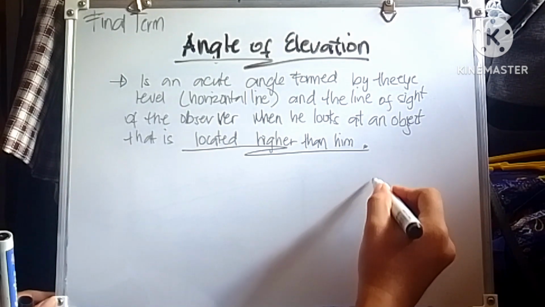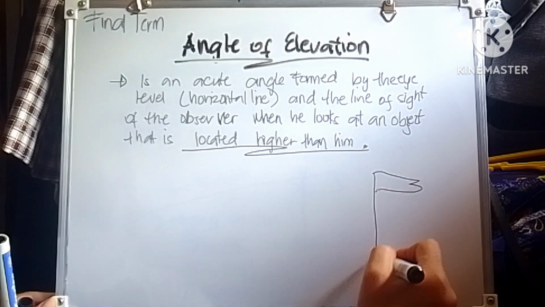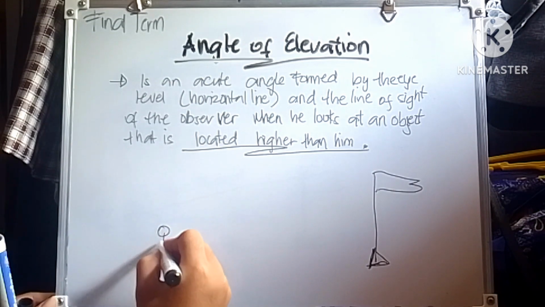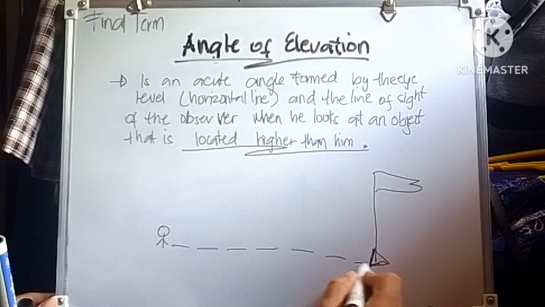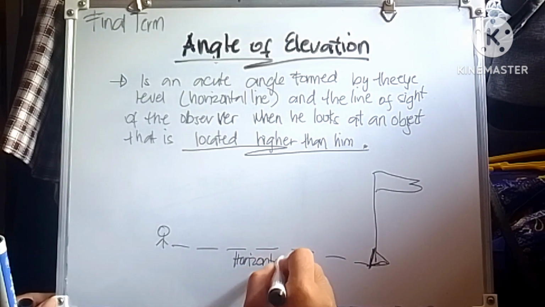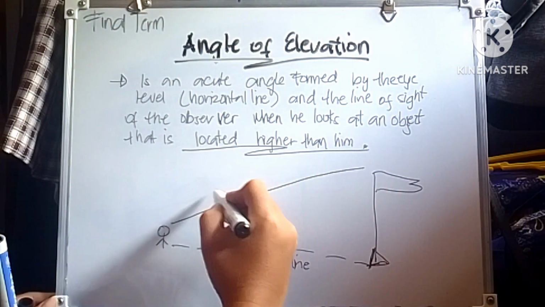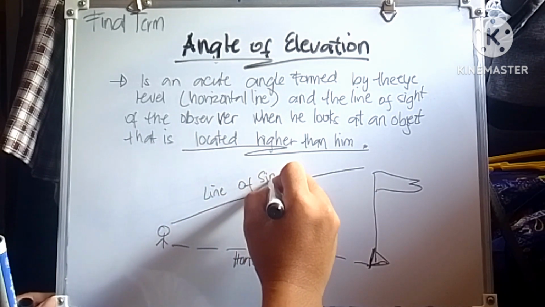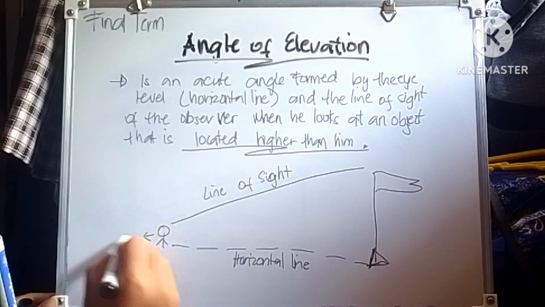Say, for example, we have here a flagpole, and then we have here a person. This line is what we call the horizontal line, or the distance between the person and the flagpole. And this is the line of sight, when the observer looks at an object that is located higher than him.